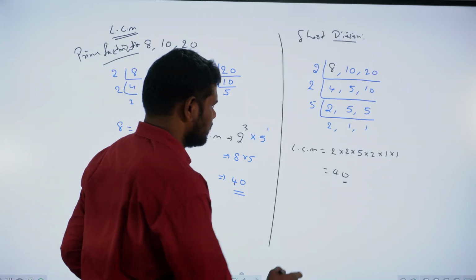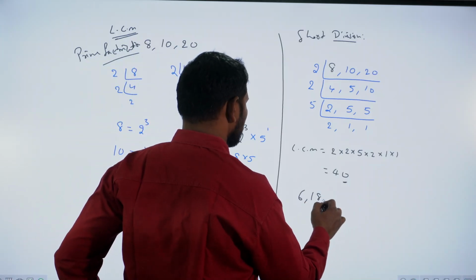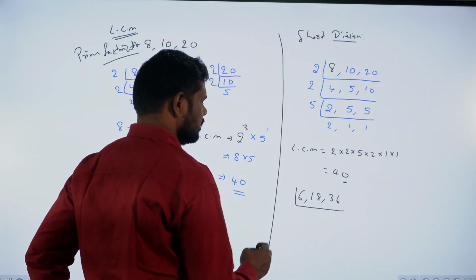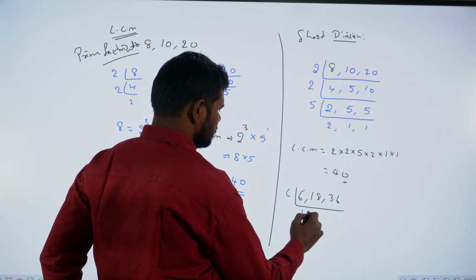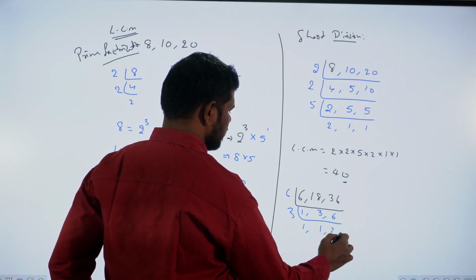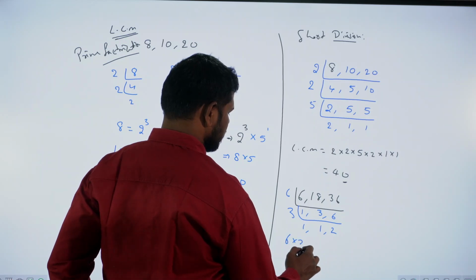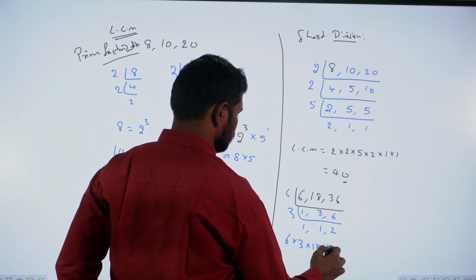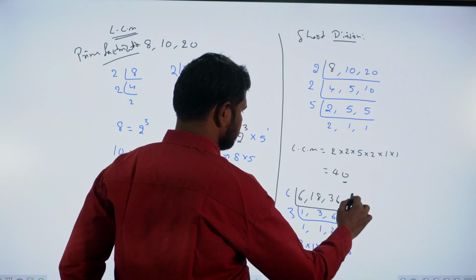So, for example, suppose I take 6, 18, 36. What is the LCM? If I divide by 6: 1, 3, 6. Then by 3: 1, 1, 2. So now 6 into 3 into 1 into 1 into 2, 36 is the LCM.